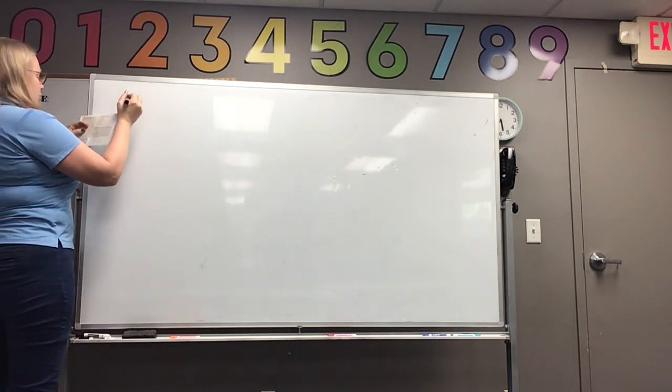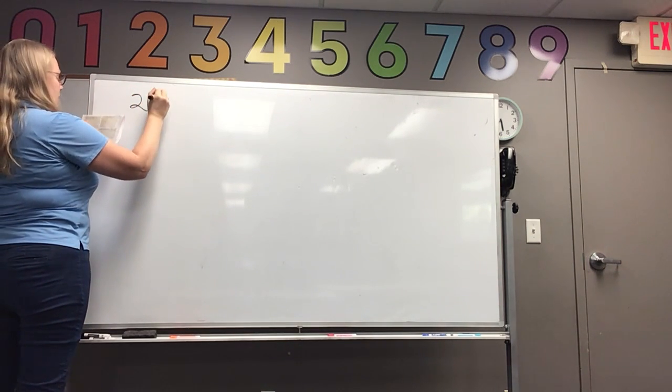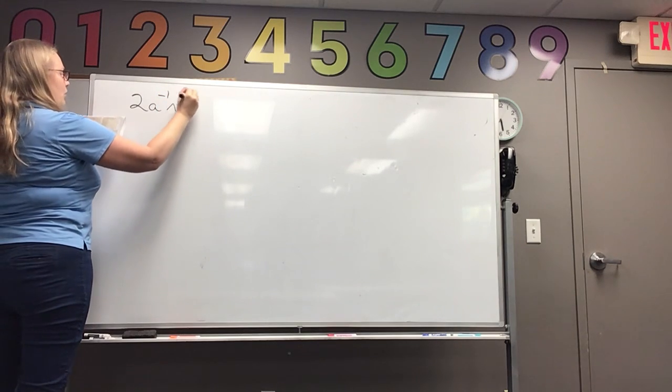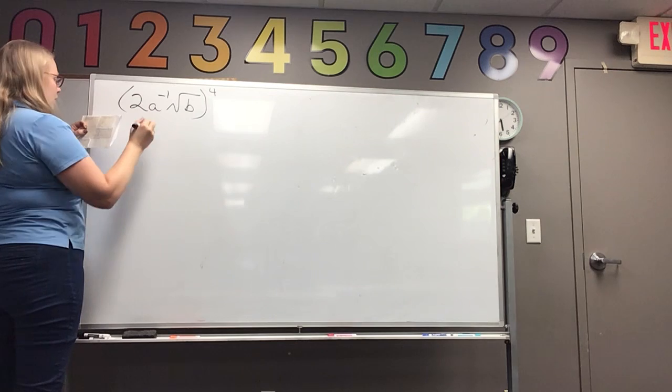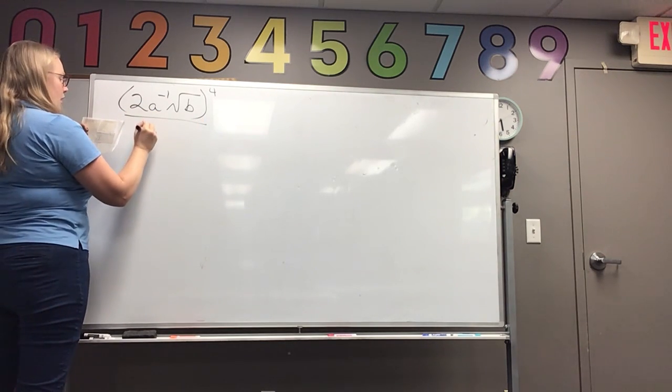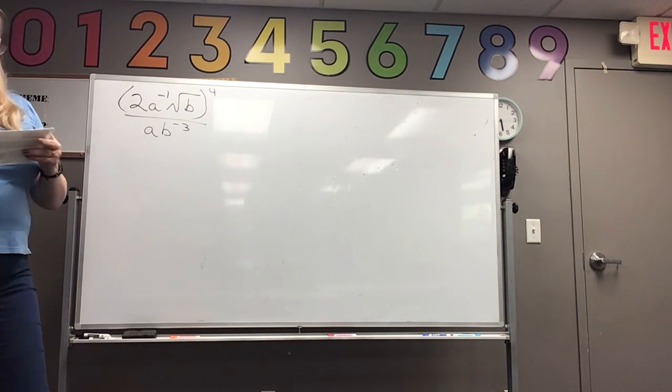So, they want you to simplify 2a to the negative 1 square root of b all to the 4th power over a b to the negative 3.